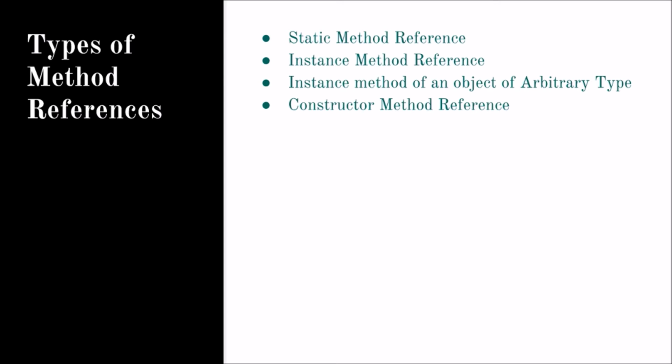This is a little bit difficult to understand unless you see some examples. So when you see the examples, it will be more clear. I'll not take it further at this point, but we will see examples in the next tutorial. Then finally, the last one is constructor method reference, which is just trying to create objects using the constructor. We will see that also in the next tutorial.